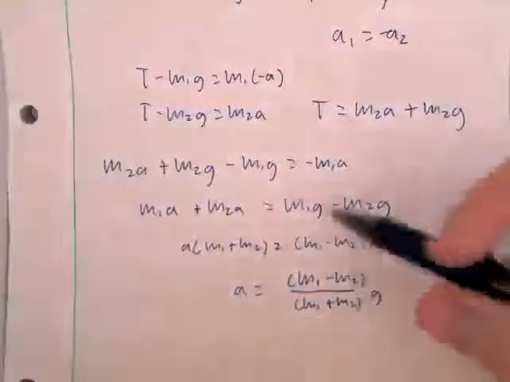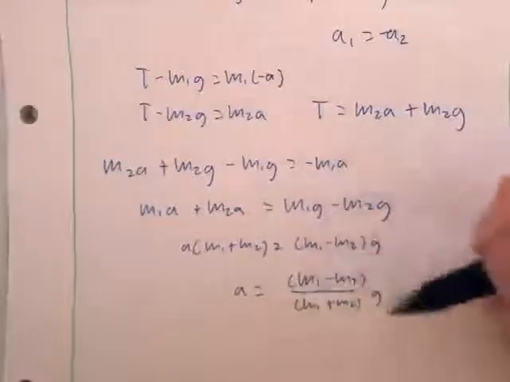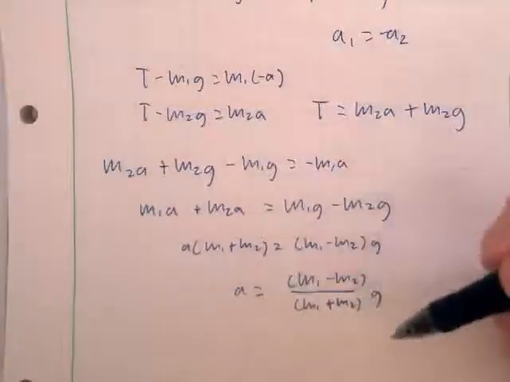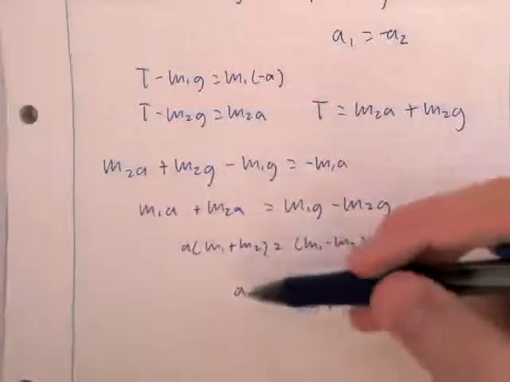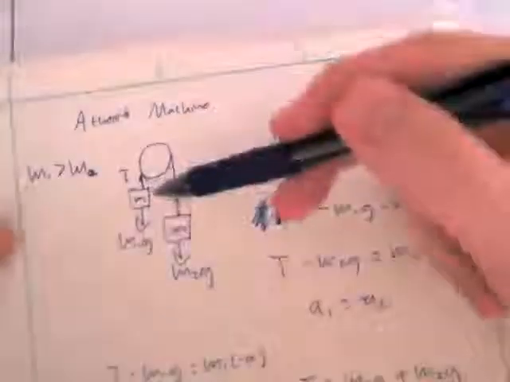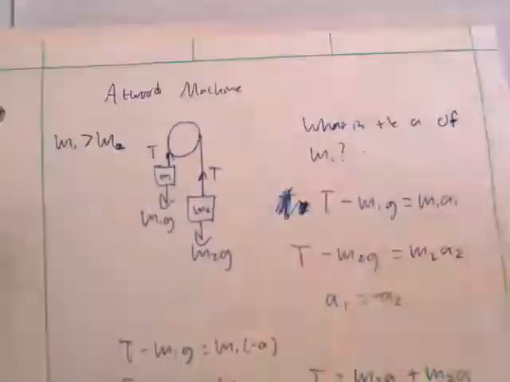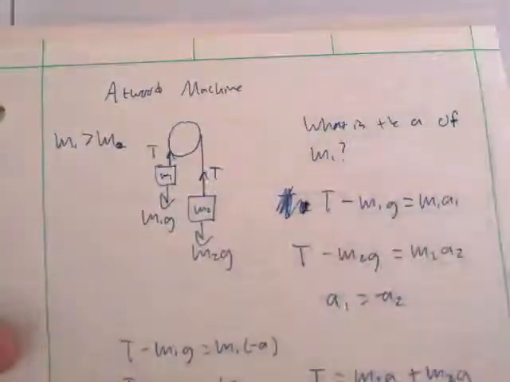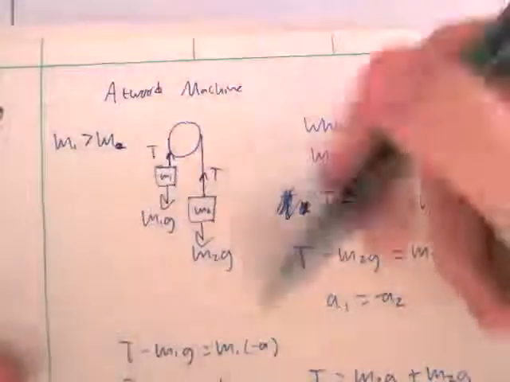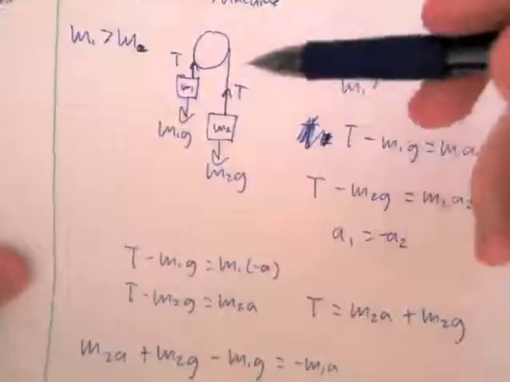So this is our final equation. It kind of looks maybe a little bit complicated, but it should make some sense if we go through this and see what we have. We have the magnitude of the acceleration of our masses on this Atwood machine. Mass 1 is going down, so if we plug everything in, we'll get a positive number, but we know mass 1 is going down and mass 2 is going up.